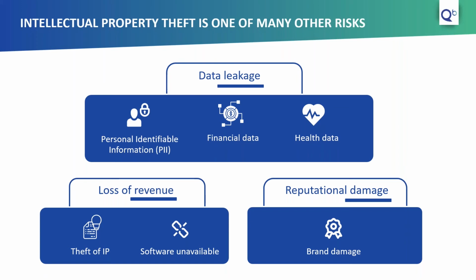The equivalent of a DoS attack for software that can make your software unavailable, and of course the reputational damage with brand damage. You have to keep in mind that all these risks can be caused by other security breaches, not related only to code vulnerabilities.